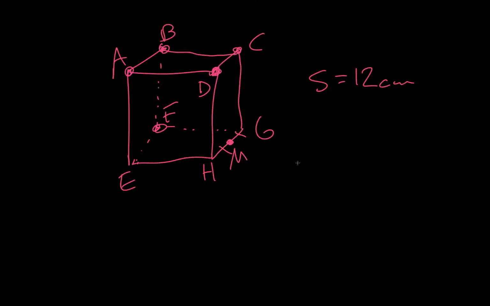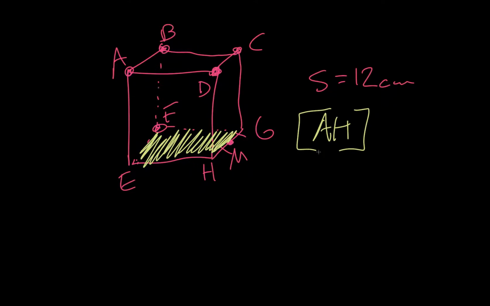It says find the angle between the following line segments and the base plane EFGH. So once again, we're dealing with the bottom, EFGH, and it wants us to look at AH first. So we're going to draw AH. So we have the line segment there.